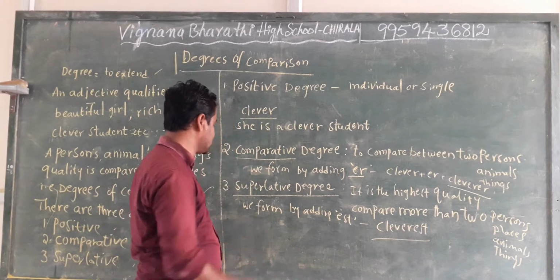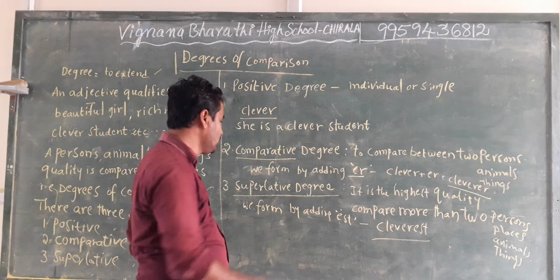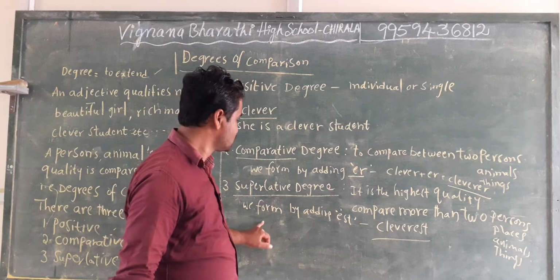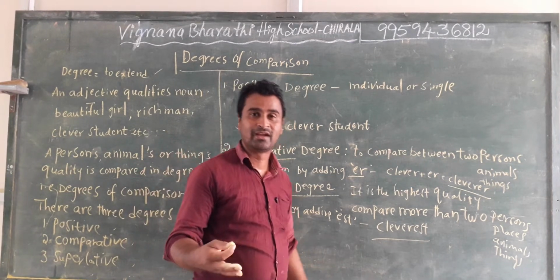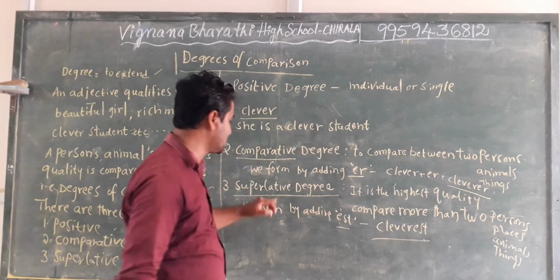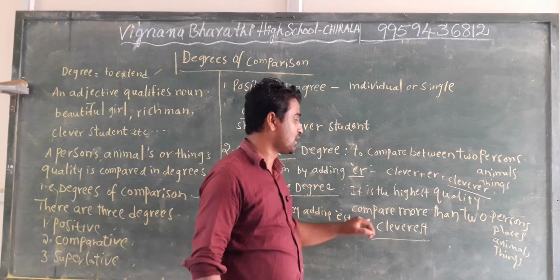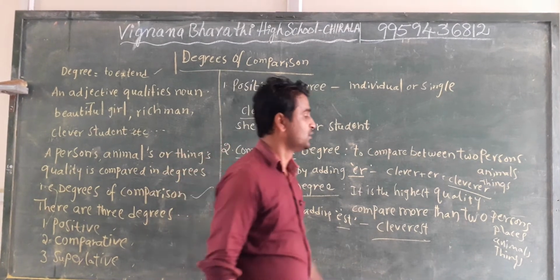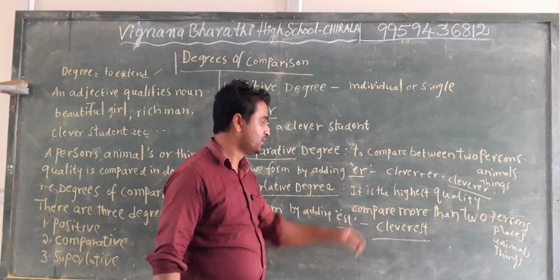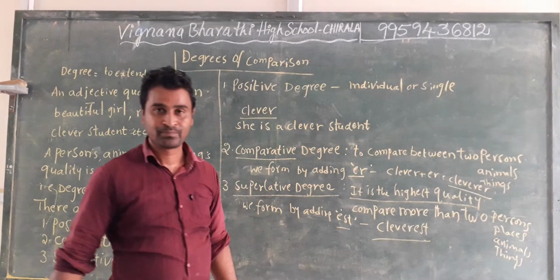Next, superlative degrees we make by adding est to an adjective. A superlative degree is used to compare more than two persons, places, animals and things. And this is the highest quality, highest rank of anything.